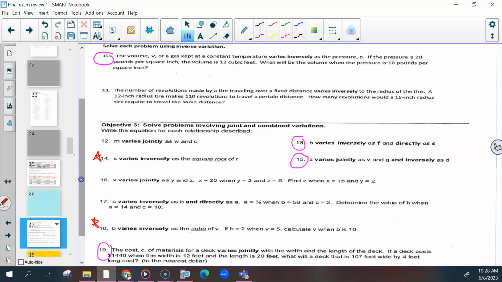If we don't have questions in the inverse section, the next objective is your joint and combined variation. Well, as you said, 14 and 18.